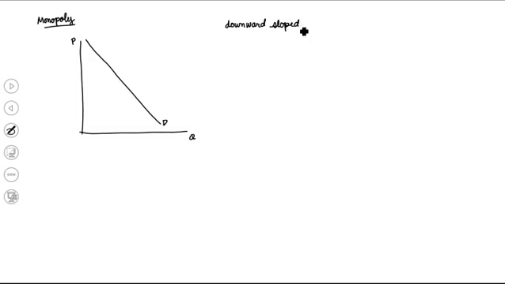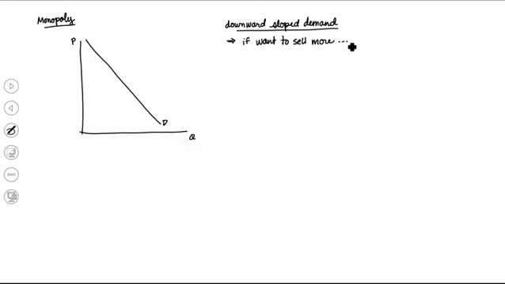So let's talk about that. So we see downward sloping demand, and the implication of a downward sloping demand curve is that if you want to sell more, what do you have to do?